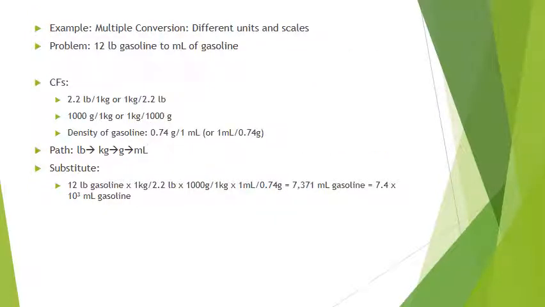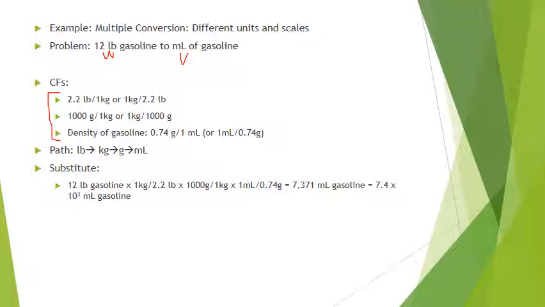All right. So let's say I want to do multiple conversions this time using different units and different scales. For instance, 12 pounds of gasoline to milliliters of gasoline. Now this is a weight conversion, and this is a volume, which are completely different. Even if you don't know that, you can take a look at the 3 conversions.